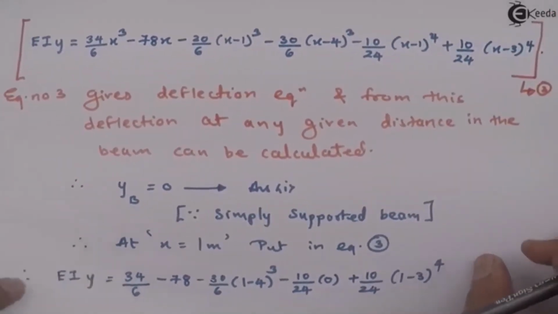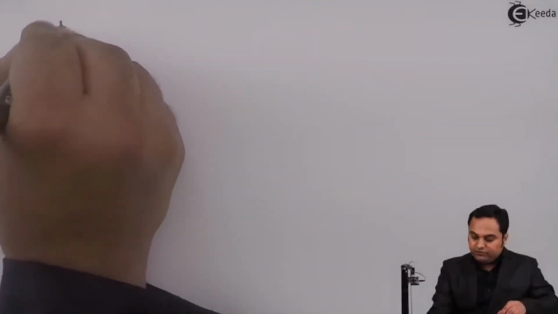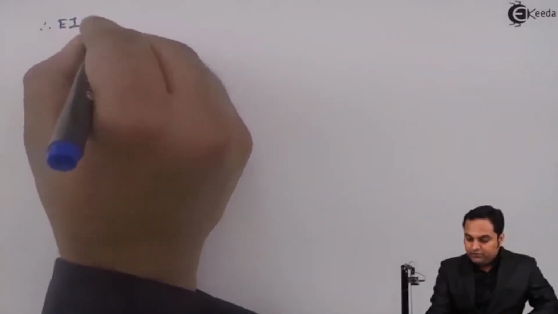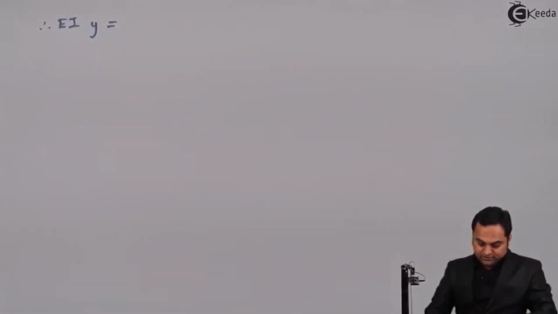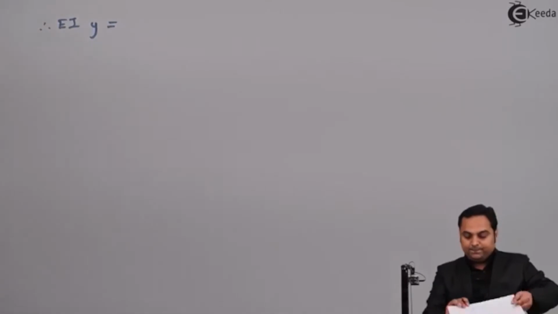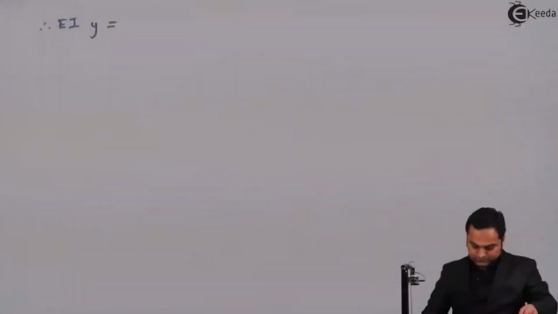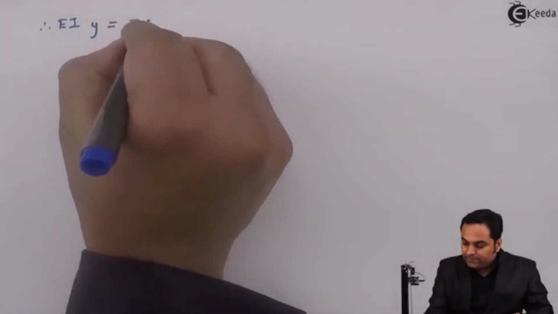Calculation, here we have EI into y is equal to, now if we see this, the first term is 34 by 6, so that is 5.67.